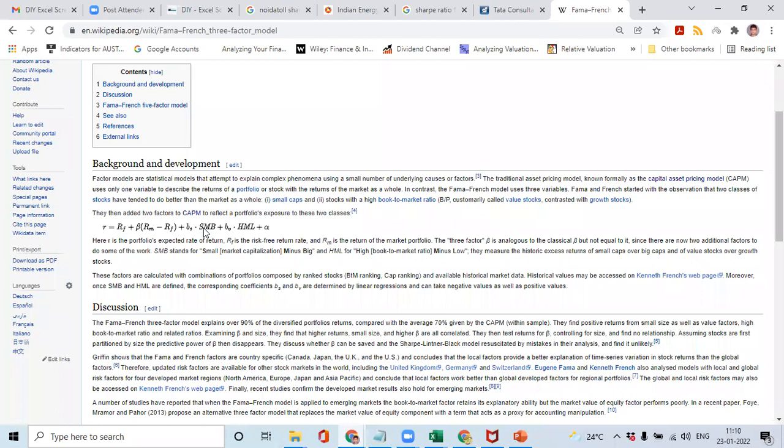And what is that extra thing? So returns equal the risk-free rate plus beta into the market returns minus the risk-free rate, which we already see, plus some other beta into SMB, and then book-to-market, or book value.